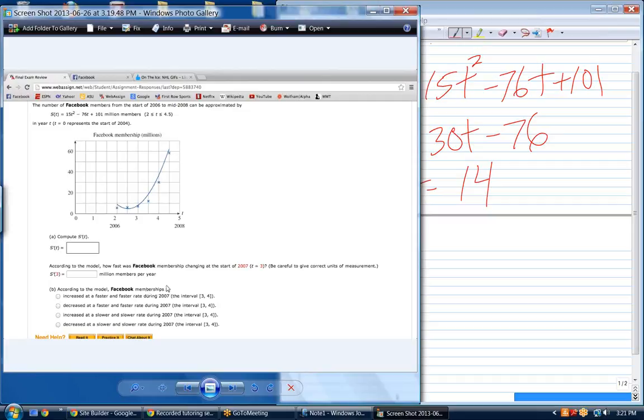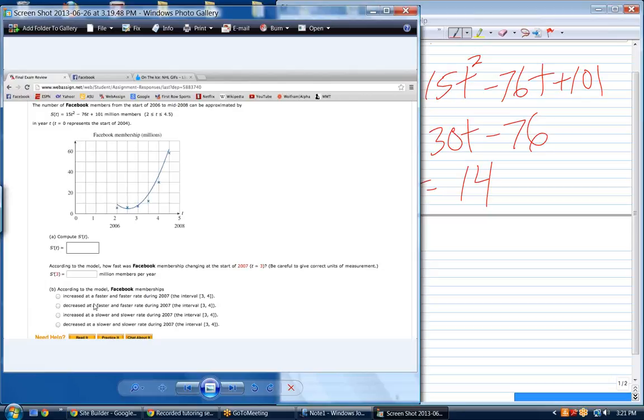According to the model, Facebook memberships, 2007. So it looks like this 2-year period, that would be true. Okay. All right, that wasn't too difficult. Just wanted to go over that quickly.